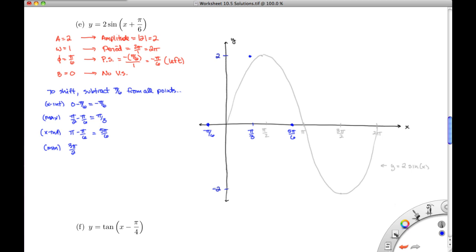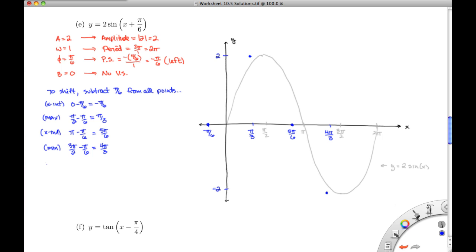And we're going to subtract pi over 6 from that. And if we do that, we're going to end up with 8 pi over 6, which is 4 pi over 3. And that's just going to be a little bit to the left of 3 pi over 2. So that's 4 pi divided by 3. And again, that's our min, so that's going to go down here.